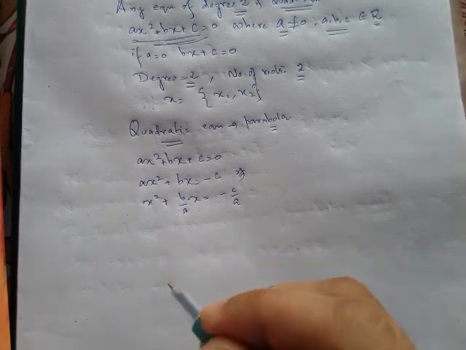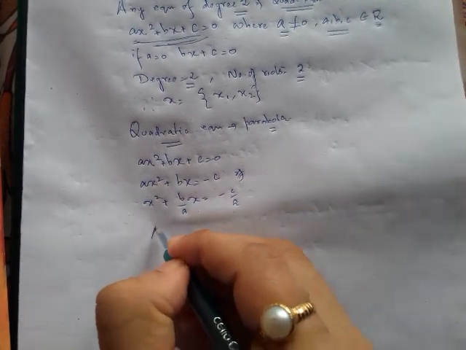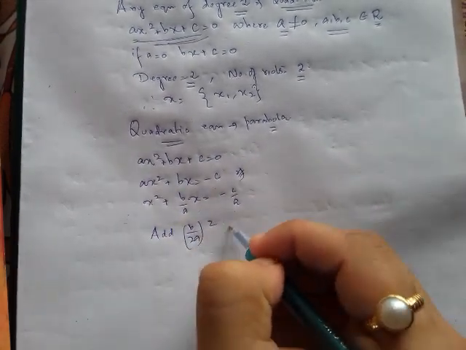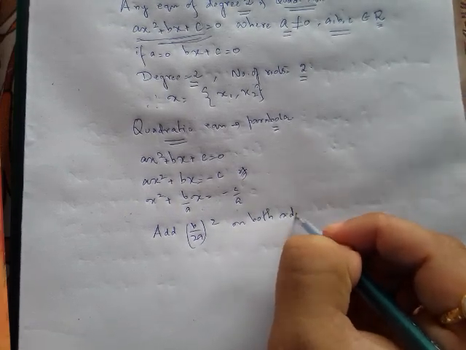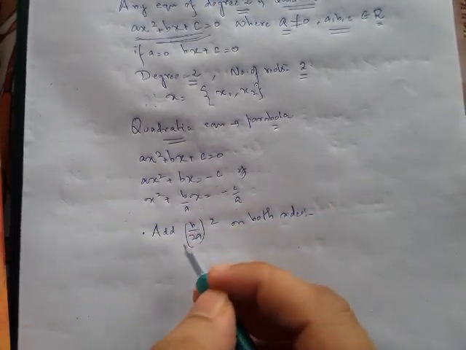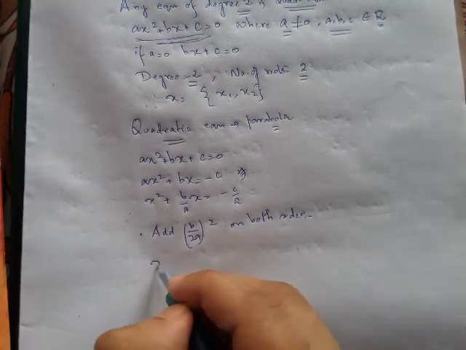Now let us do a trick. Let us add b by 2a whole square on both sides. Now the reason why we want to do this is to convert the left hand side in terms of a perfect square.